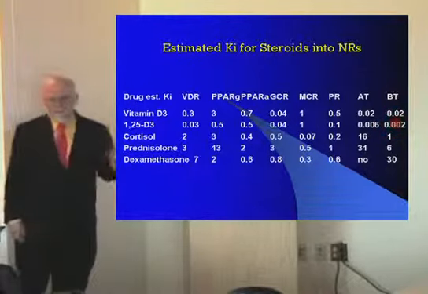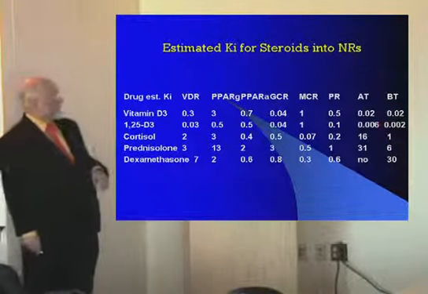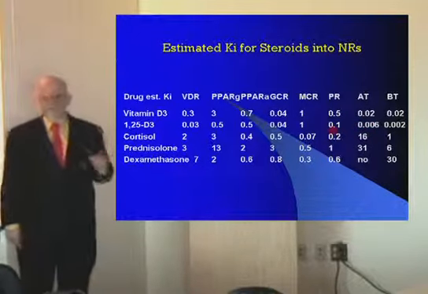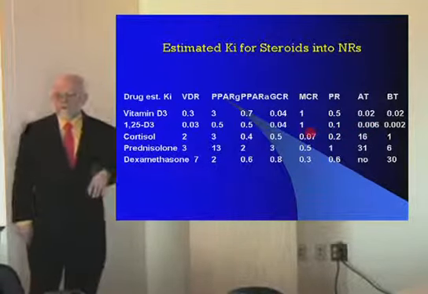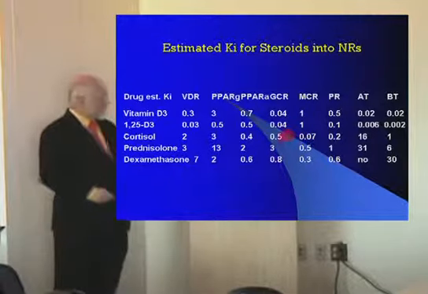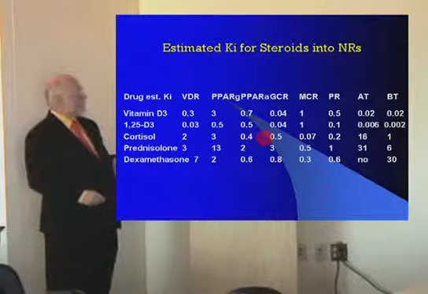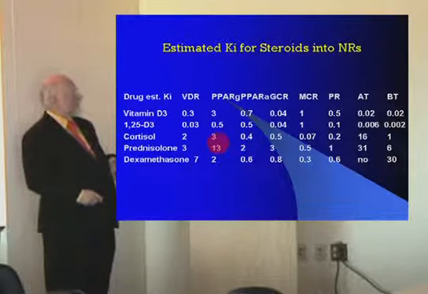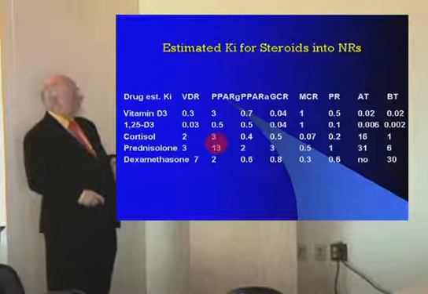And that lines up with anecdotal indications we have that, in fact, high levels of 1,2,5-D in sick people does affect their thyroid function. We can also see that cortisol, for example, has a different profile from prednisolone. For example, into PPAR gamma, there is a significant difference in affinity, whereas into the VDR, they're about the same.